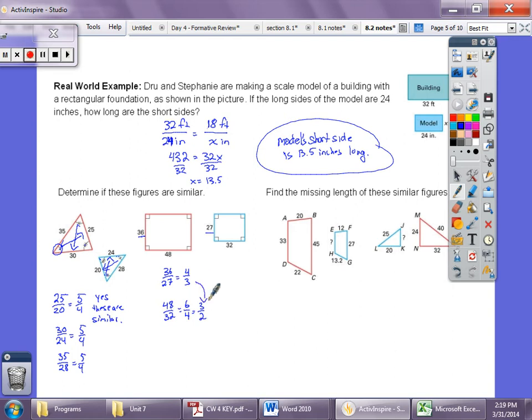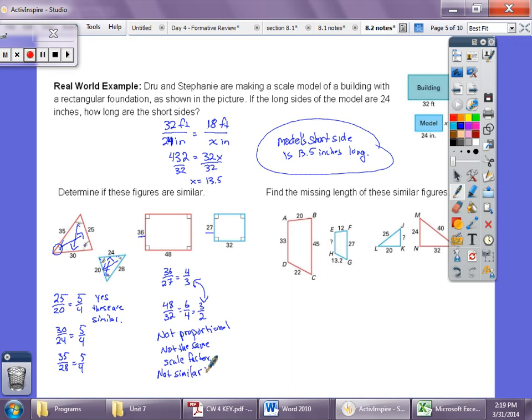So these are not proportional. They don't have the same scale factor. So they're not similar.